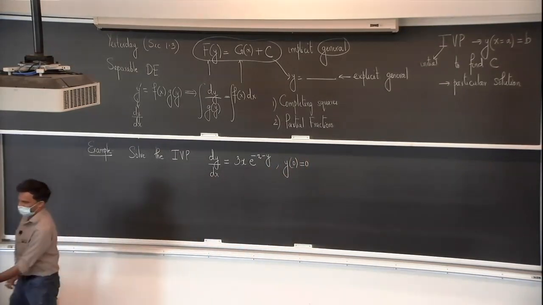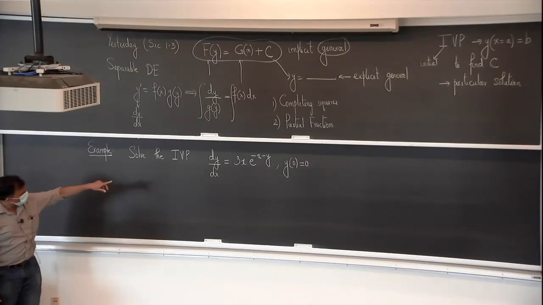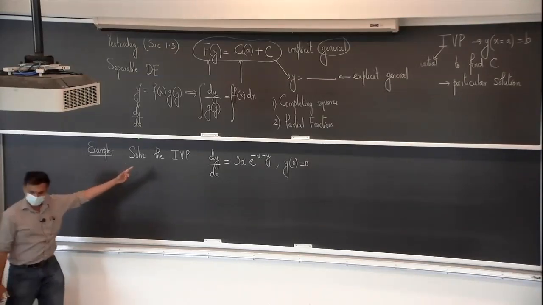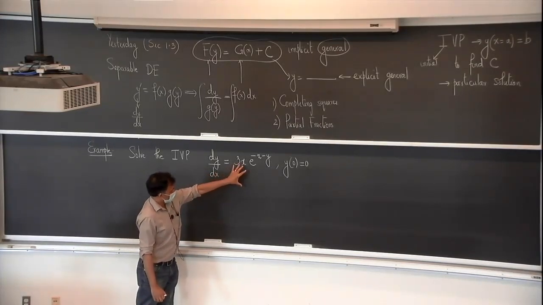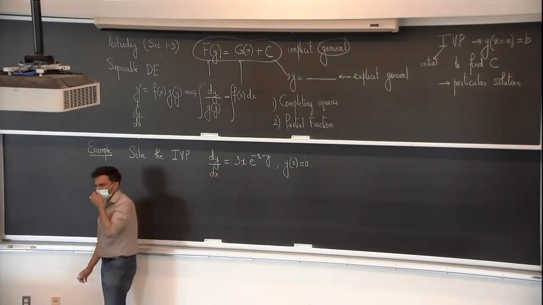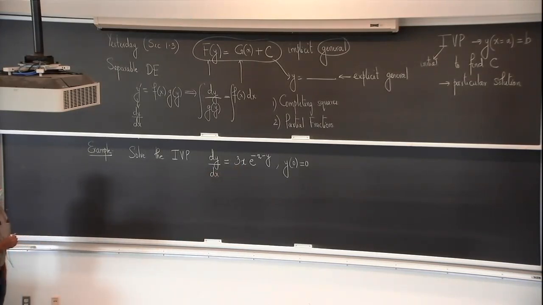Can you try that? It looks very similar to the last example we did yesterday, but it's not the same. So can you get started and then I'll start doing it a few minutes later.